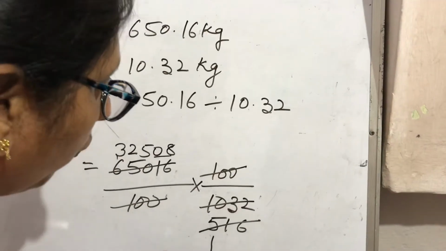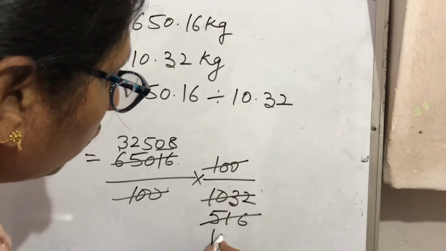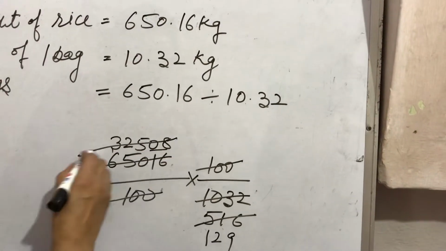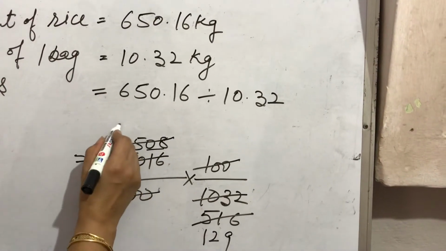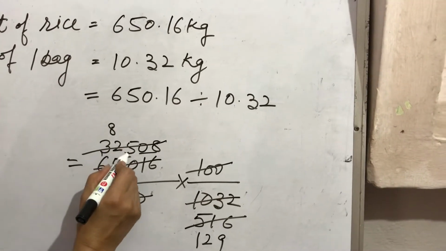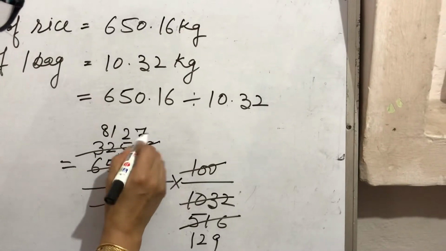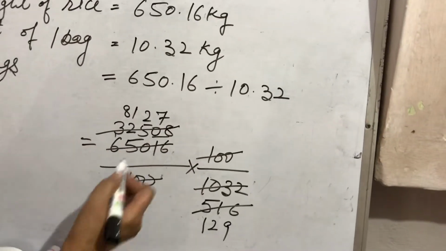So 4 ones are 4, 4 twos are 8, 3, 129. Again divisible by 4: 8, 1 2, 7, 8 1 2 7.